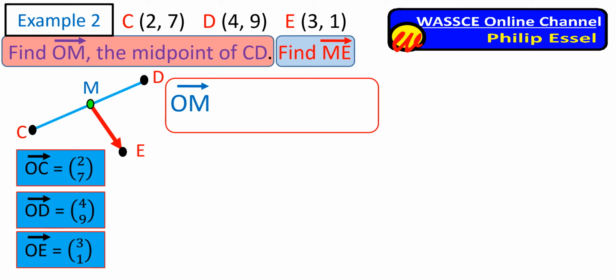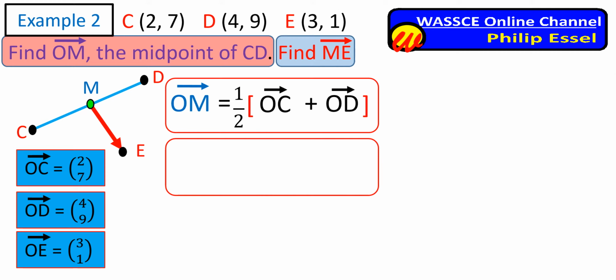Now, if the vector OM is the midpoint of the line segment CD, then it will be equal to half of, bracket, the vector OC, which is the position vector of the point C, plus the vector OD, which is also the position vector of the point D. Then we close our bracket.